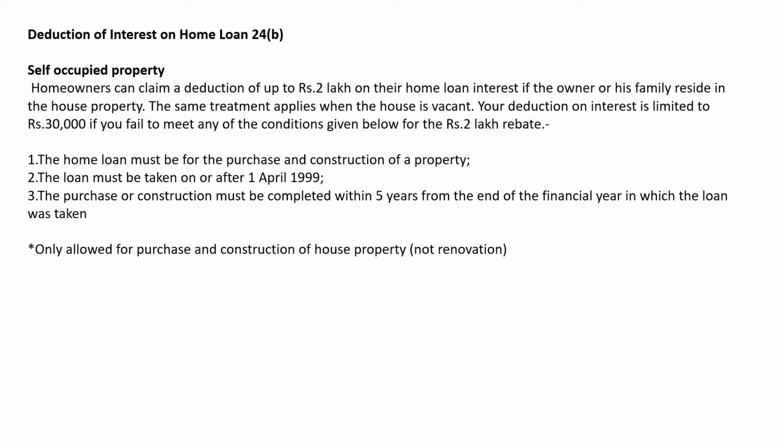For getting the deduction under interest on home loan for a self-occupied property, some conditions are to be fulfilled. So what are the conditions? Before that, the net annual value of a self-occupied property is nil. After finding the NAV, we also get a standard deduction of 30% under section 24A, but for a self-occupied property it will be 0 as the NAV is nil.